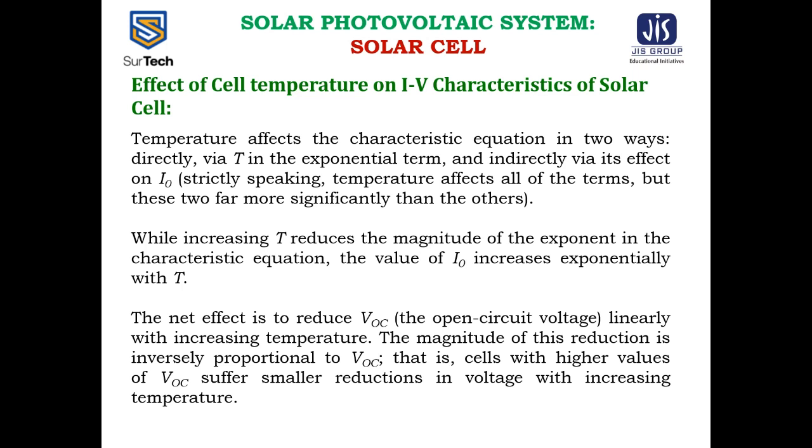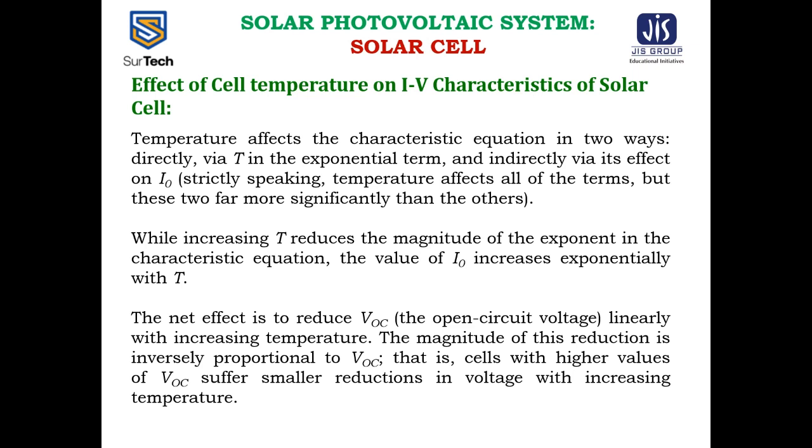While increasing the T reduces the magnitude of the exponent in the characteristics equation, the value of I0 increases exponentially with T. The net effect is to reduce the open circuit voltage linearly with increasing temperature.